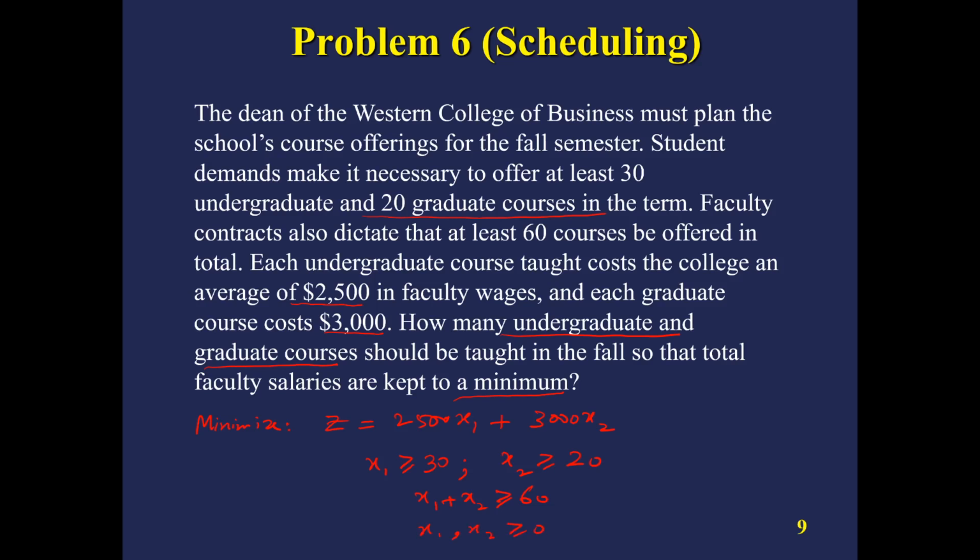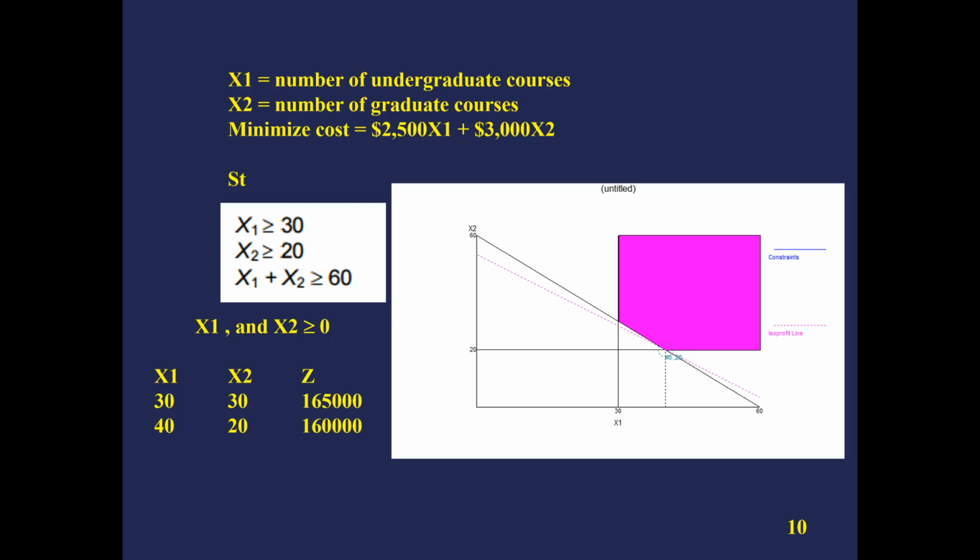Let's check it out. This is already solved here. We define the variables first, minimize the cost, and then these are the constraints here, and this is the non-negativity constraint, and we can draw this and find out the feasible region. This is the feasible region here.